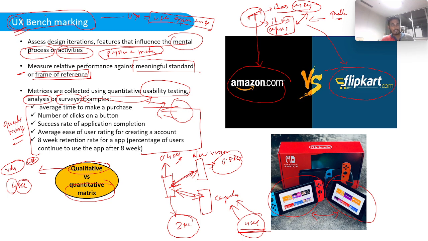For example, using some quantitative approach, we can measure average time to make a purchase. That means we are getting information about efficiency. Efficiency is a qualitative measure, but to measure it indirectly, we are calculating the average time. Now there are also flaws.